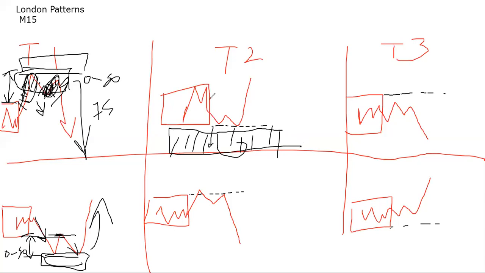And they know that they've trapped people short by this move and that move. So they will quickly run away, which is the same thing that happens here. This one, they don't even want to get to that high of the Asian or that low of the Asian.